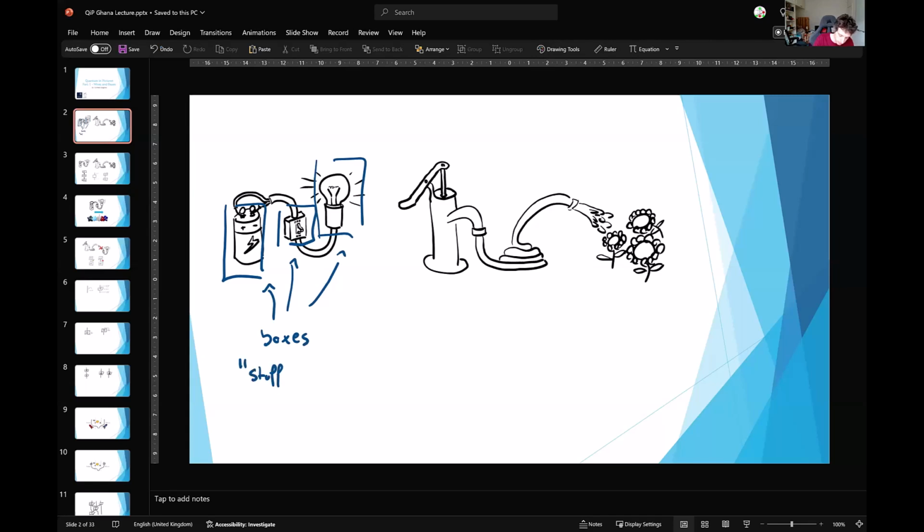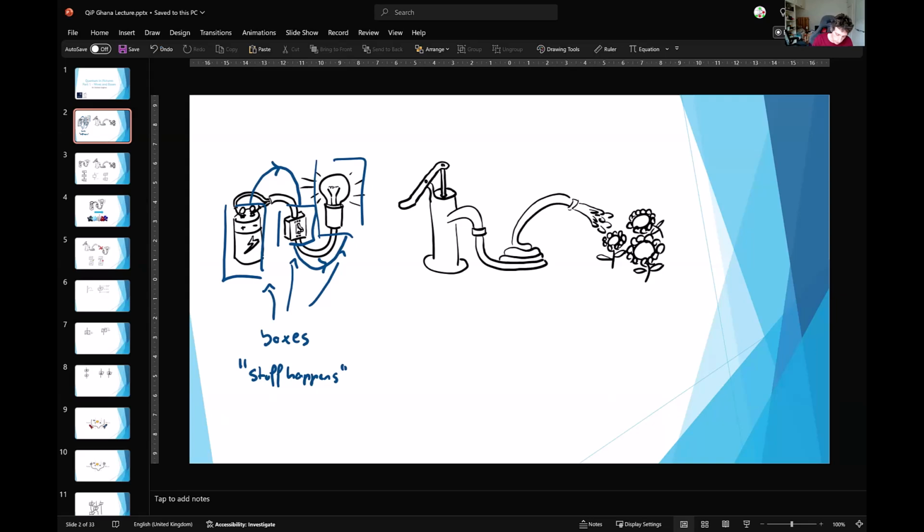Okay? And then you have a wire that carries your particles or, in this case, electricity from one box to the next. So you can imagine that you start from this box, you end up into this box, then you start from this box, and you end up into that box.